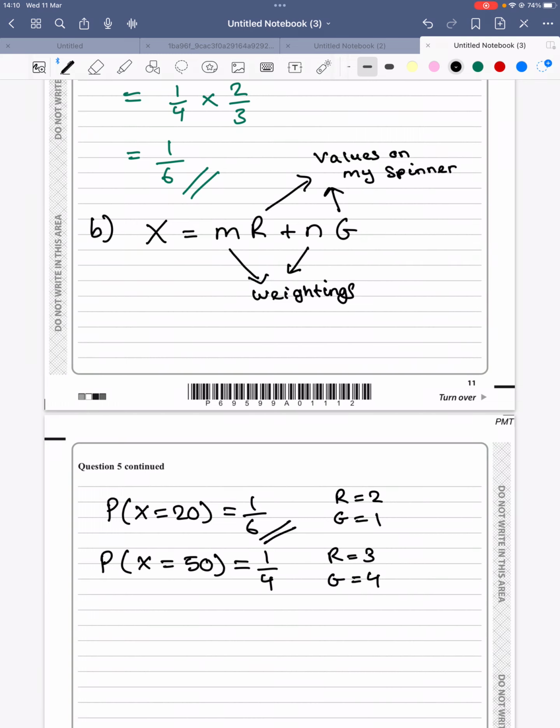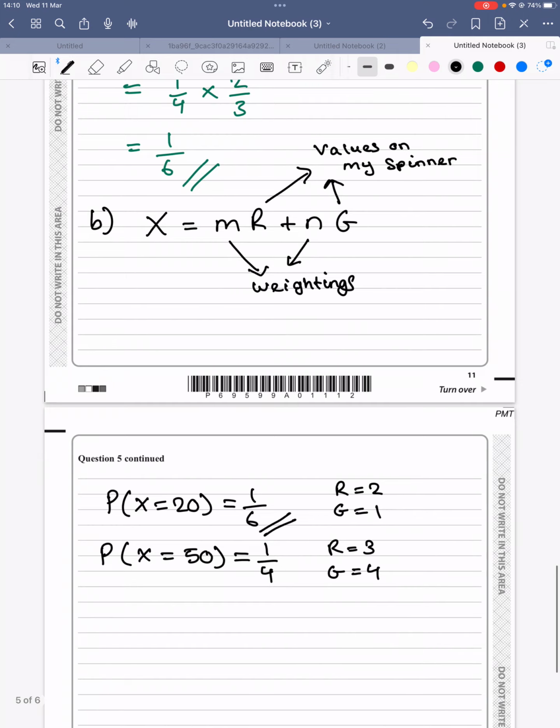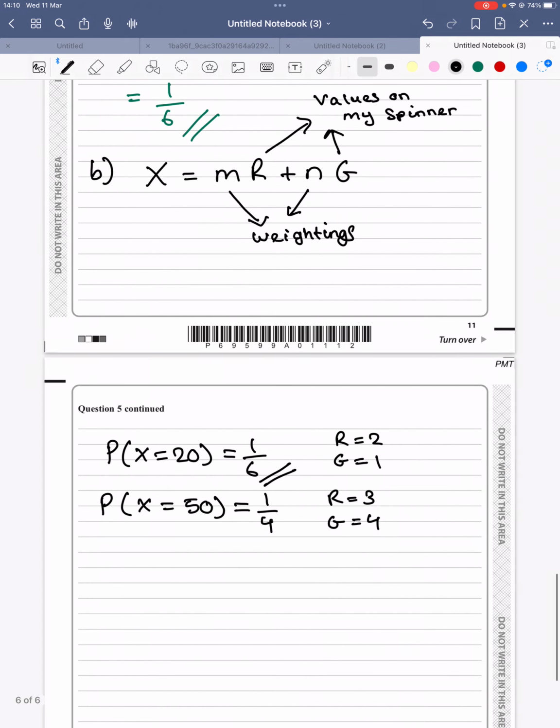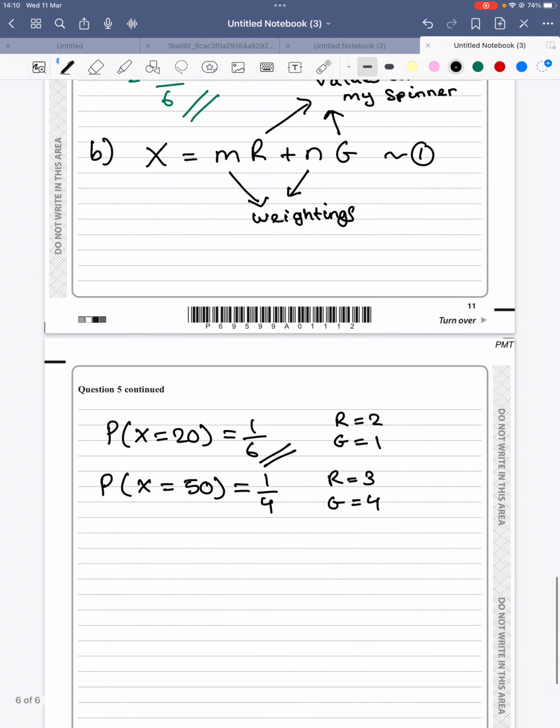Okay? So all I have to do is substitute red and green into my equation above. So let's just call this equation 1. I could sub it into equation 1. So I have 20 equals 2m, because I'm replacing R with 2, plus 1n, because I'm replacing G with 1.